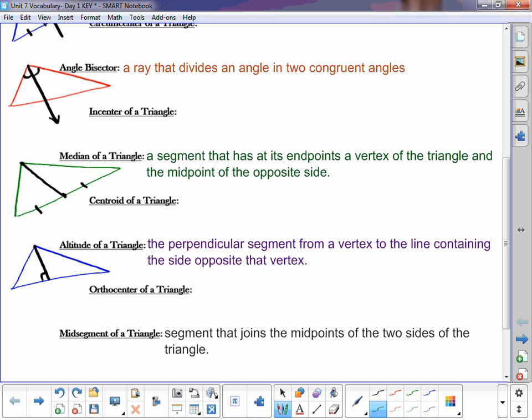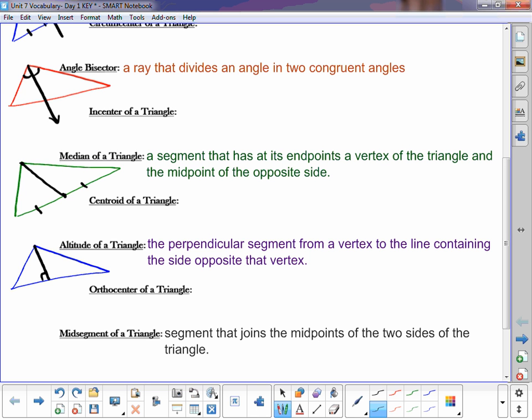Now, in altitude, there's nothing said about the angle. The angle does not have to be cut in half. It does not say anything about hitting at its midpoint. It might, but it does not have to. Its only requirement is that it goes from the vertex to the opposite side at a perpendicular marking.